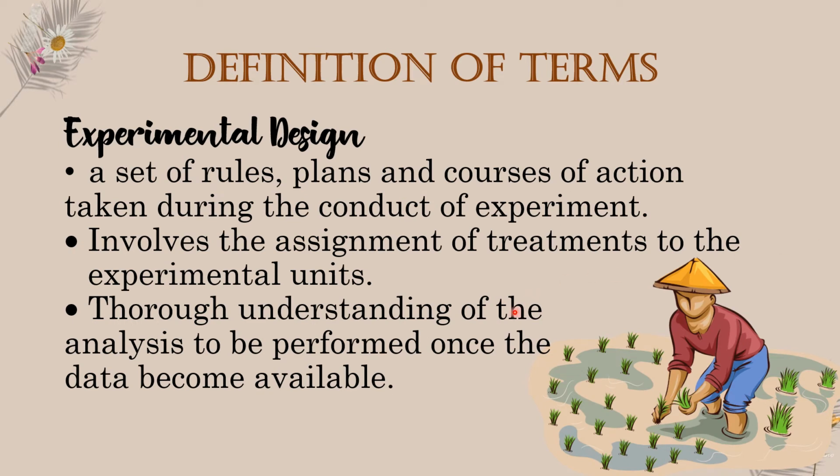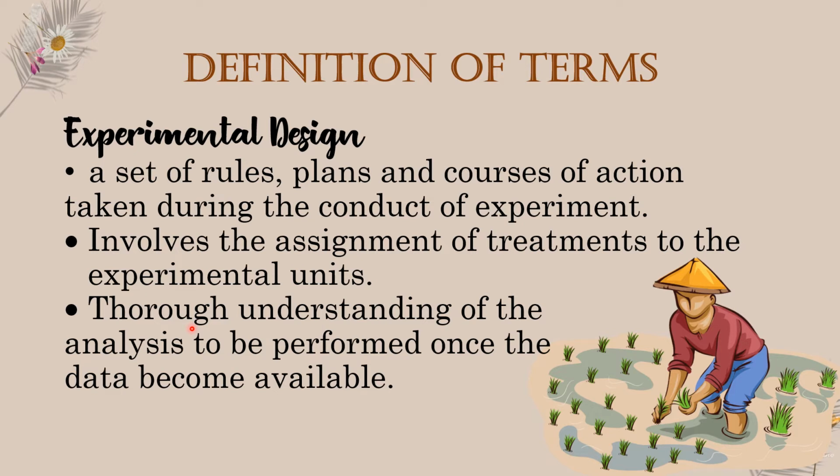So let's define some terms. Experimental design is a set of rules, plans, and courses of action taken during the conduct of an experiment. It also involves the assignment of treatments to the experimental units, just like what we did in our layouting.